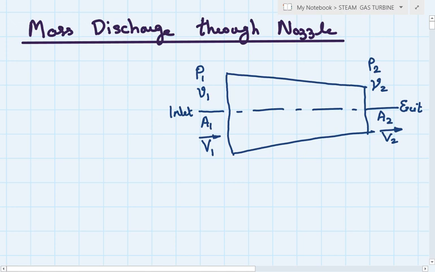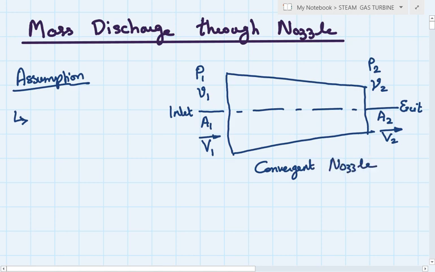Okay, now let us have some assumptions for this derivation of the mass discharge. The first and foremost important assumption is that this nozzle is of convergent type. In a convergent type of nozzle, the velocity at exit is very much greater than the velocity at inlet.